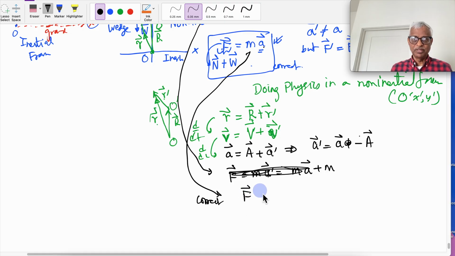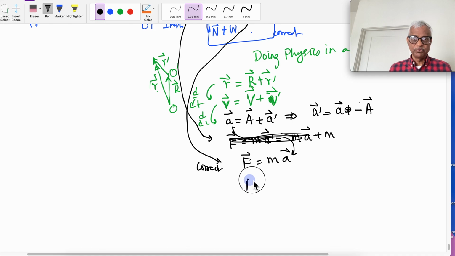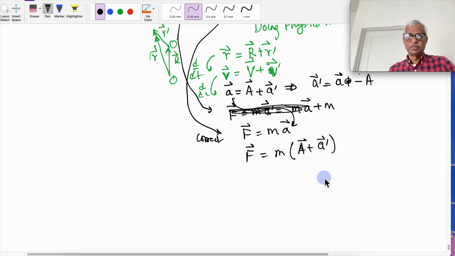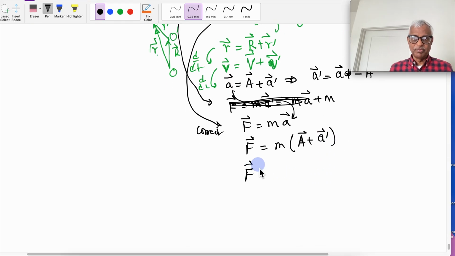We had F equals mass A, this is correct, and so I put A in here, and then we get F equals mass times A plus A prime. So the correct formula in the non-inertial frame is, whatever force you have, you have to subtract this quantity from it, then it will be okay.